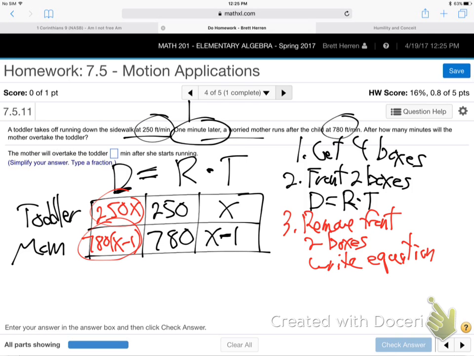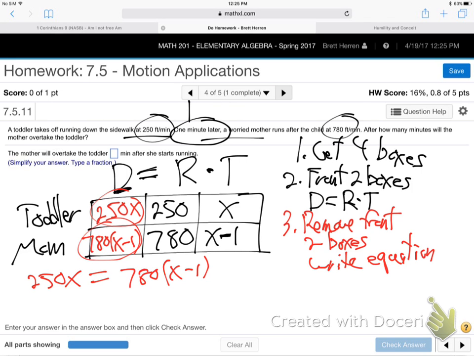So what do I do with the 250x and the 780 times x minus 1? I just set them equal. That makes sense because this is a catch-up situation. The mom is running to catch up with the toddler. Catching up means equal distances, like we said a while ago. Whenever one starts later and catches up, at the moment of catching up, the distances are equal. So that's what we do, set them equal.